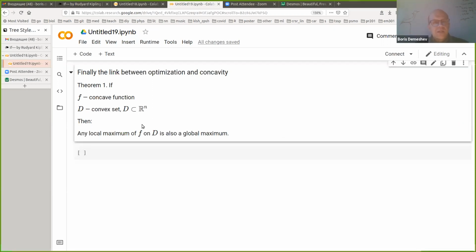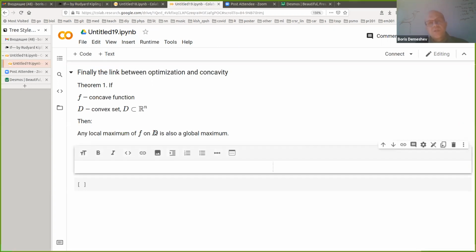Okay, let's move on. Let's state some other theorem. So what is the use of this theorem? If you have a convex set, that's great, and that may be useful on the exam.